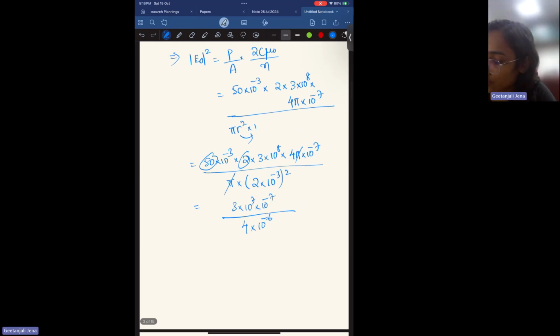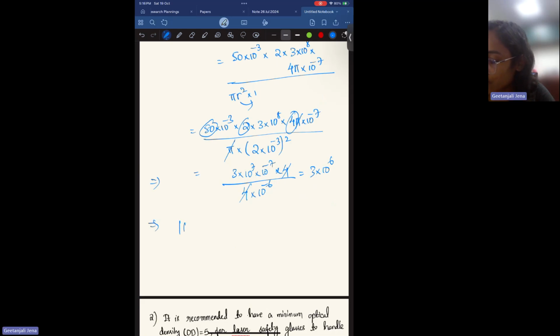There is minus 7 here, and this is 4 into 10 to the minus 6. So this is E0 square. Okay, so there is a 4 here, right? 4 pi. So this 4 is also here, so this will cancel. So this final is 3 into 10 to the 6 for E0 square. And if you calculate E0, then that will be root over 3 into 10 to the 3 volt per meter.